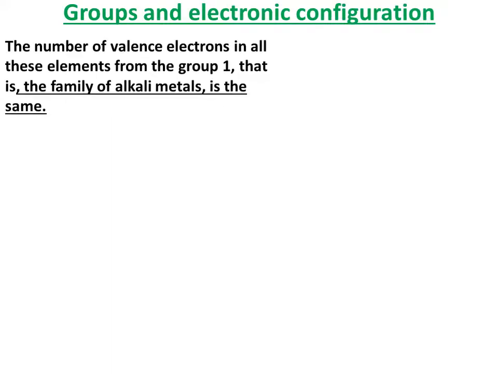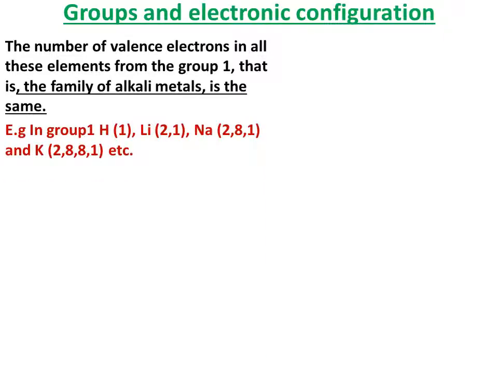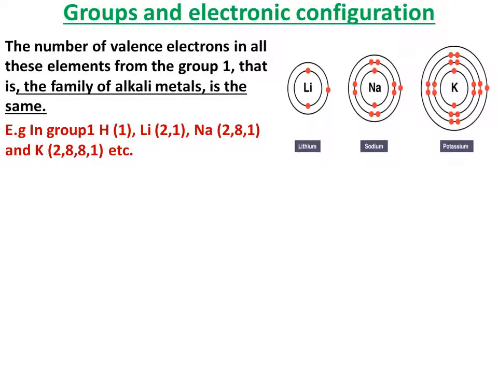Now we are going to study groups and electronic configuration. The number of valence electrons in all the elements from group 1, that is the family of alkali metals, is the same. For example, in group 1: hydrogen 1, lithium 2,1, sodium 2,8,1 and potassium 2,8,8,1, etc. These are the diagrams of lithium, sodium and potassium, and the electronic configuration in shells is also given here.